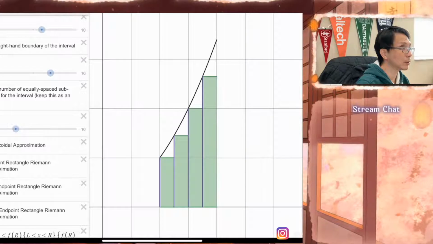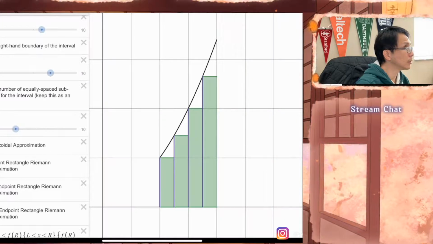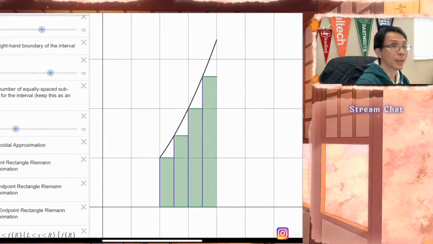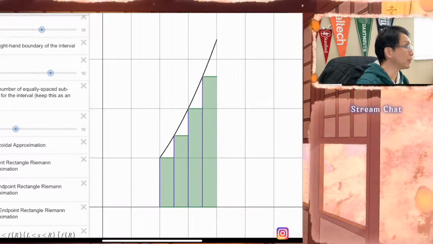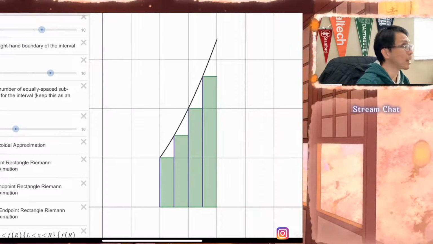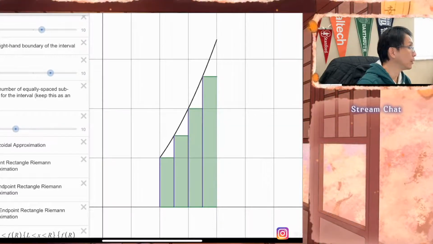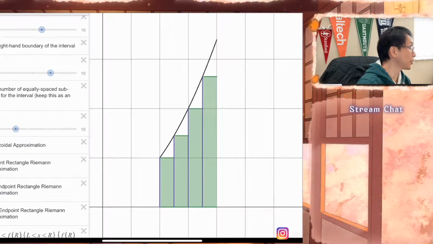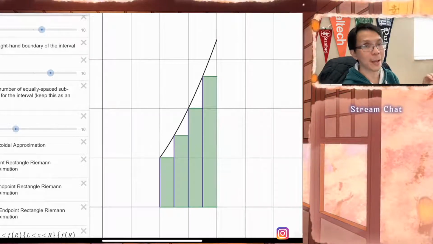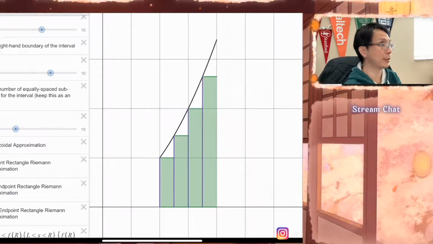Increasing and decreasing. Now, if the function is increasing and I use left end approximation, is that under approximation or over? Left is under, right?